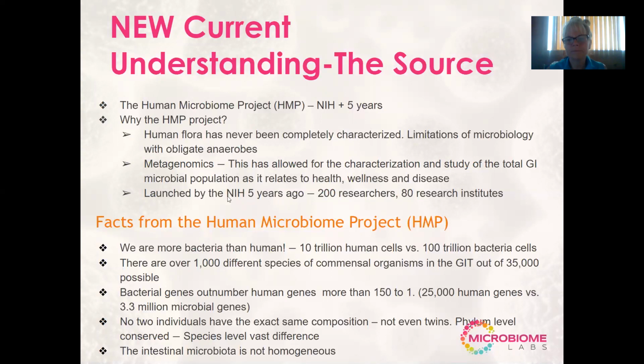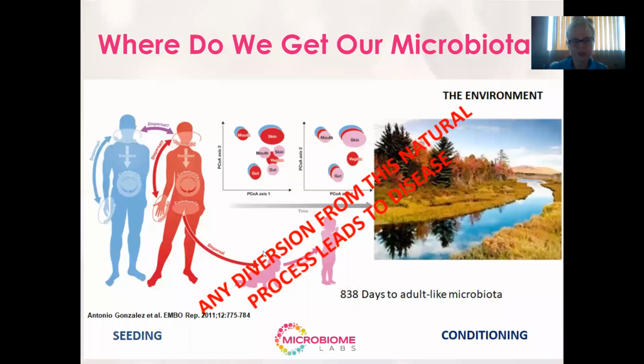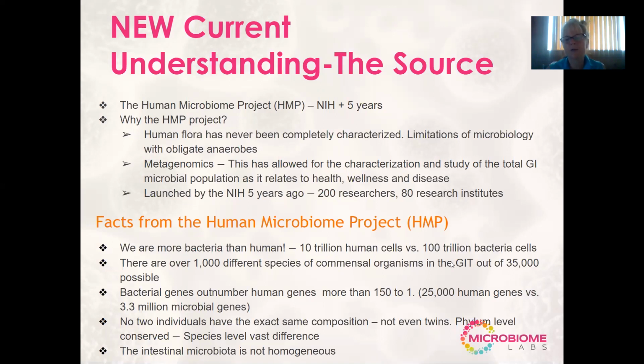And you know, NIH launched this project back in 2015, and since then, we've got a lot more information to go on. What we've learned, of course, is there's a lot more organisms than they ever thought.